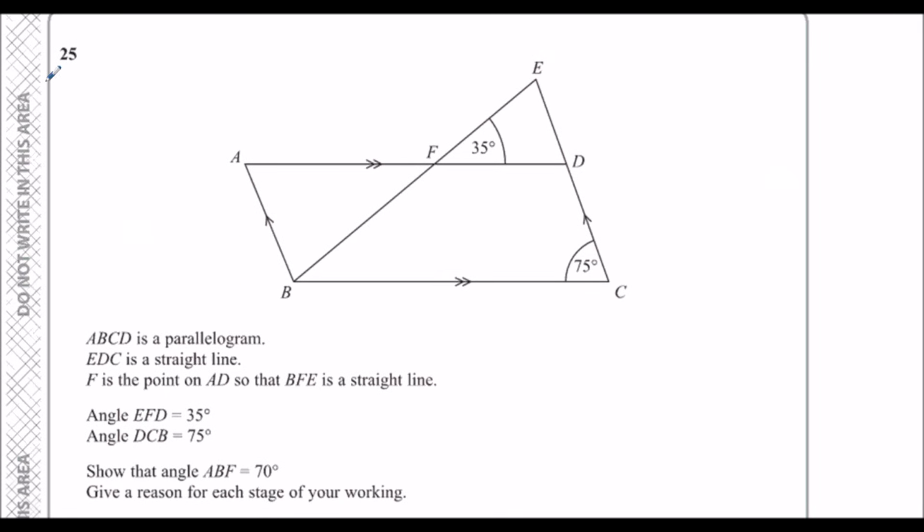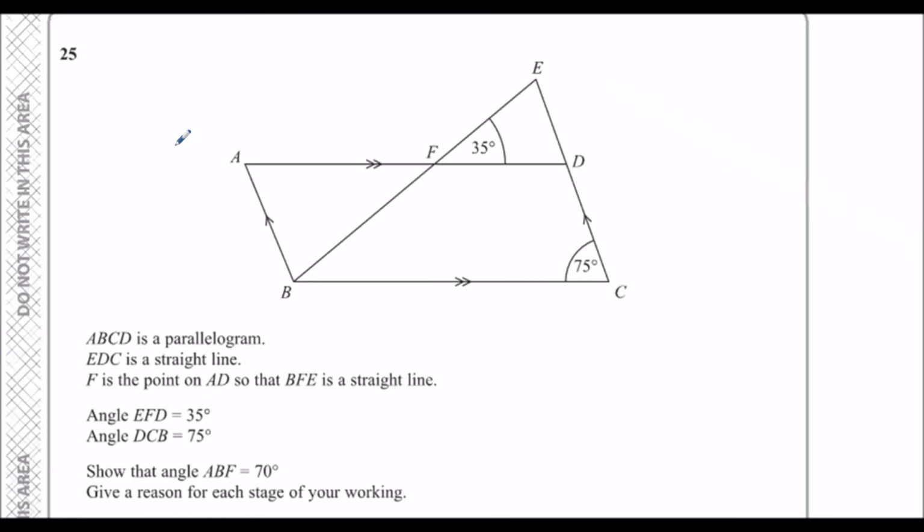Okay, question 25. ABCD is a parallelogram. EDC is a straight line. F is the point on AD, so that BFE is also a straight line.